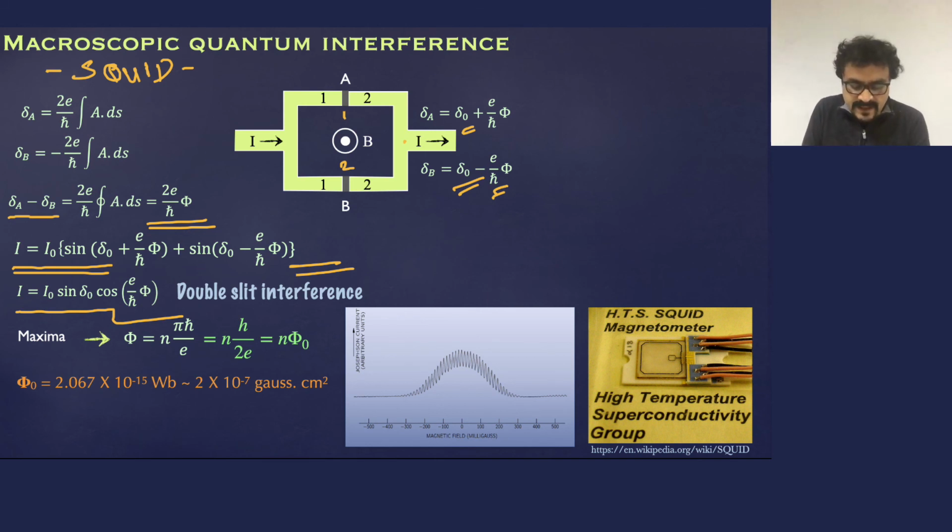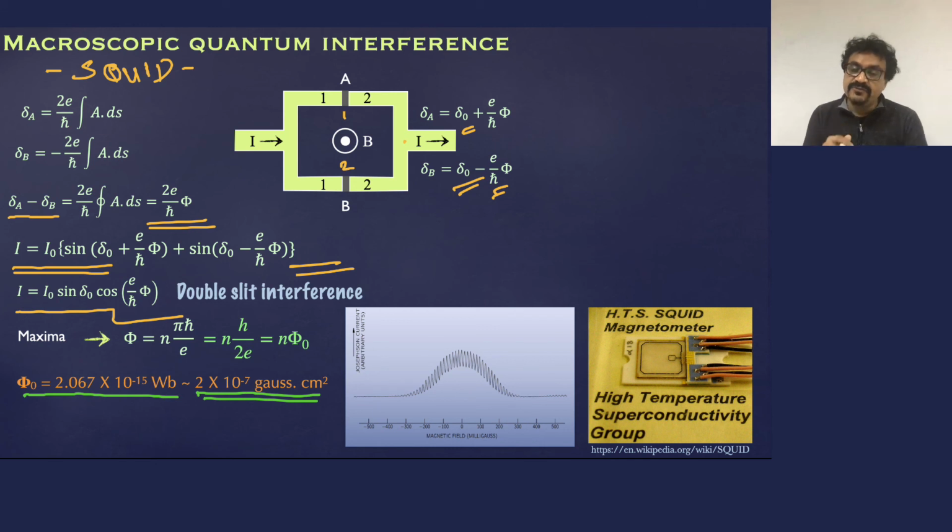If you look at the actual numbers, phi 0 is a very, very small quantity, approximately 2 into 10 to the power minus 15 Weber, or 2 into 10 to the power minus 7 Gauss centimeter square.